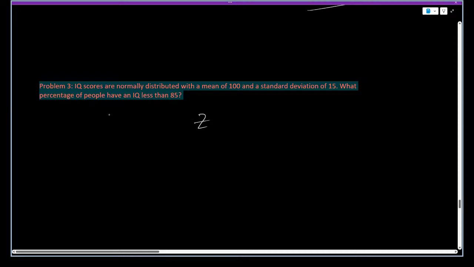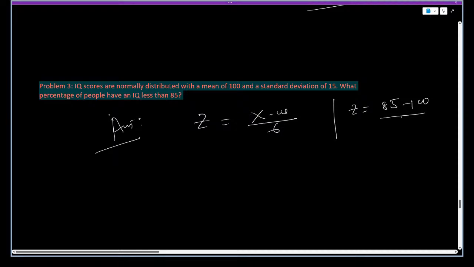You need to find Z. Z equal to x minus mu by sigma. Z equals 85 minus 100, divided by 15, its value is going to be minus 1. So required to find P(Z less than minus 1).